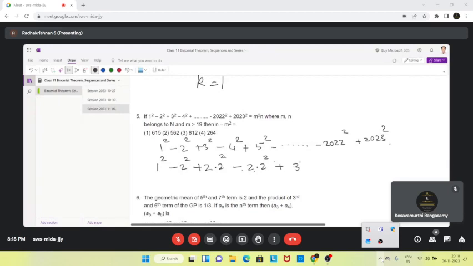Similarly for the others. 3 square I don't do anything, because once I'm able to convert it into 2 square, 3 square will perfectly fit in the square series. Similarly, minus 4 square is there, so I want to make it plus 4 square, so I add 2 times 4 square, and subtract 2 times 4 square, and so on.